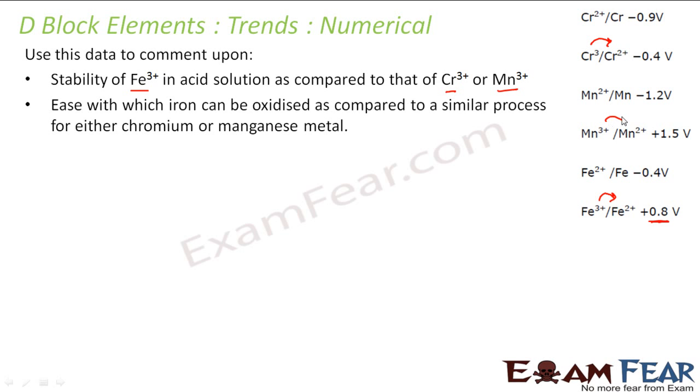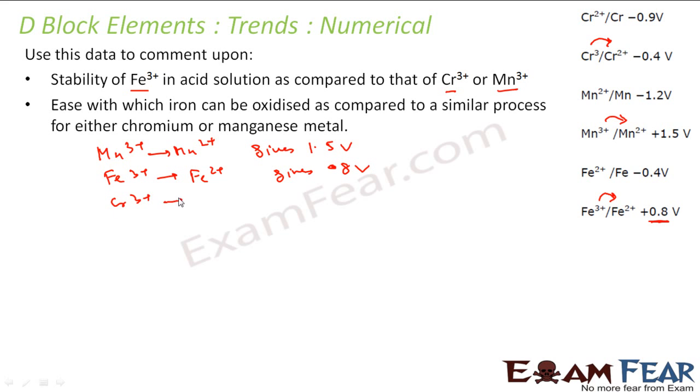So we compare in ascending order: Mn3+ to Mn2+ gives 1.5 volt, Fe3+ to Fe2+ gives 0.8 volt, and chromium 3+ to chromium 2+ actually needs 0.4 volt.